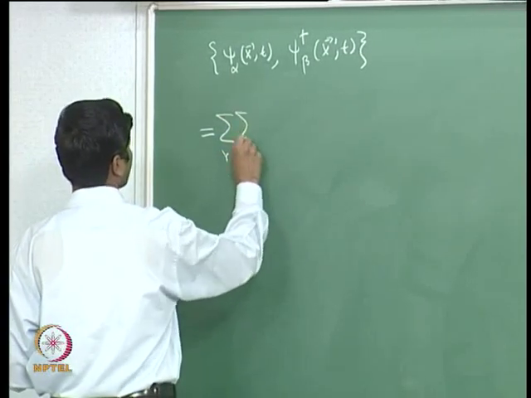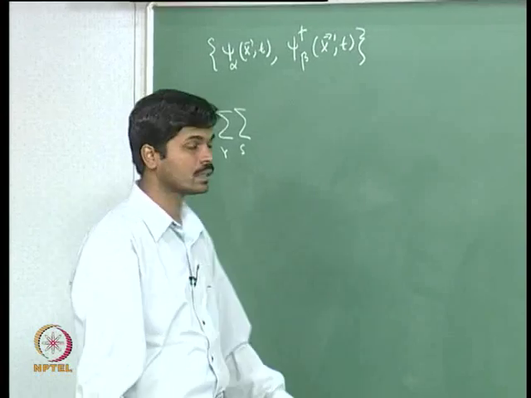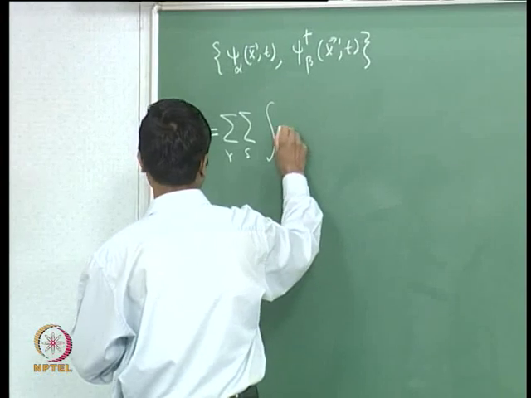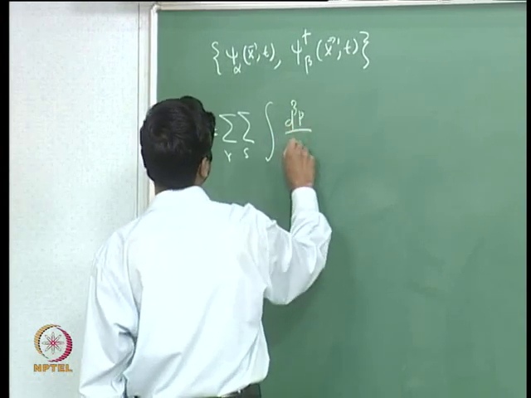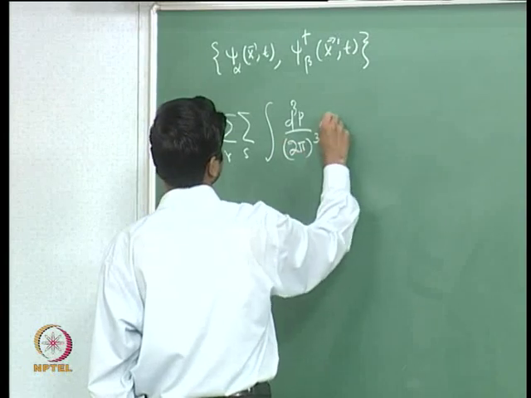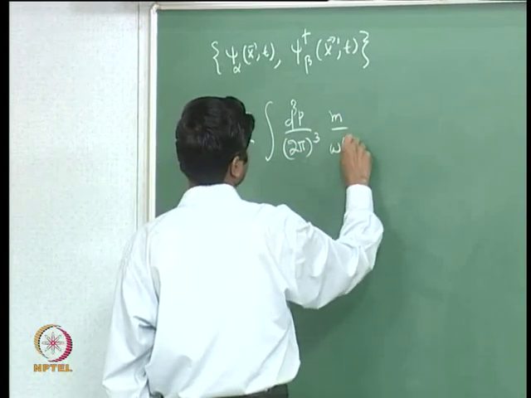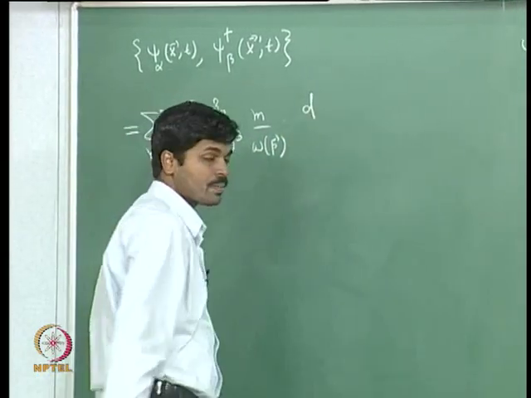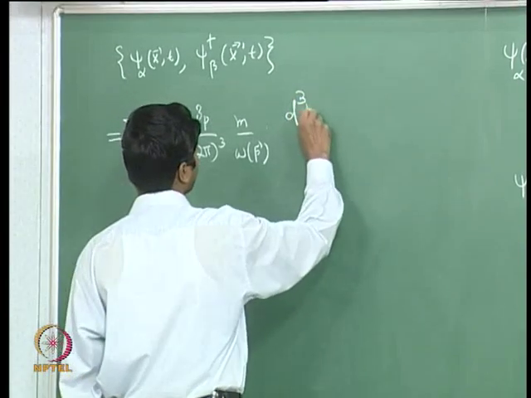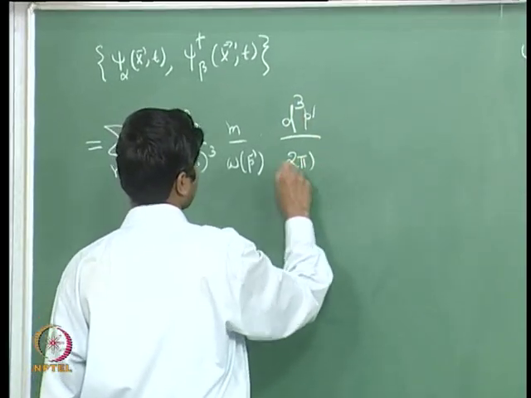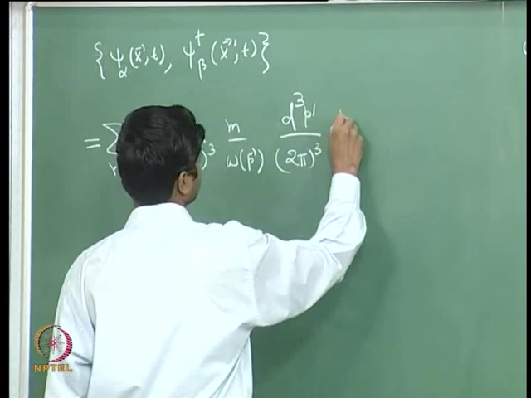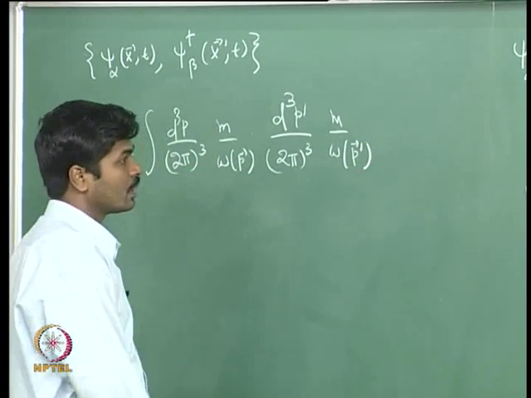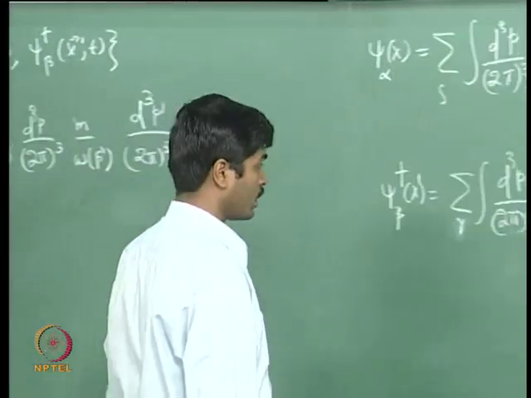So this is the sum over r, sum over s, and then you have integration d³p divided by (2π)³ m over ω_p, and again you will have integration over p prime, which is d³p prime over (2π)³ m over ω_p prime, and then there will be two terms.